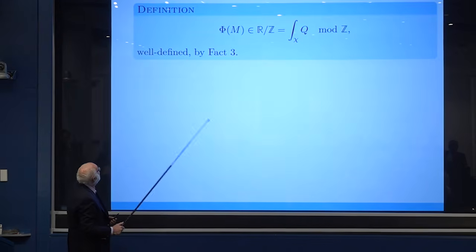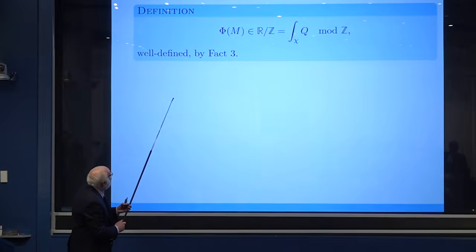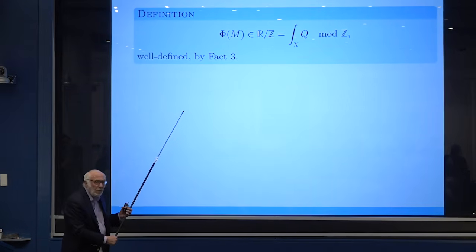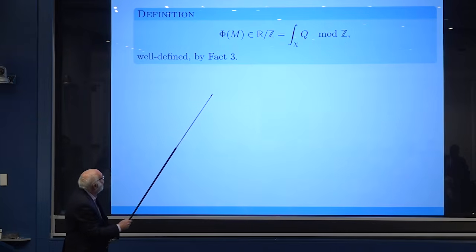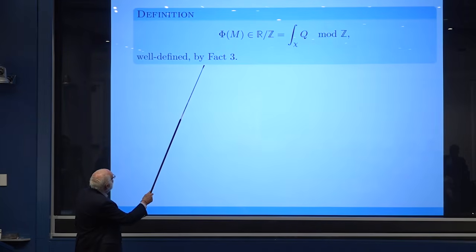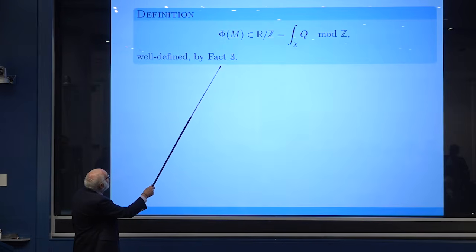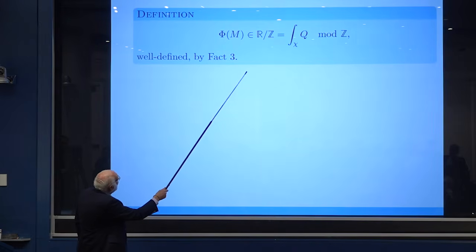So I define this function φ of M, with its Riemannian structure. It takes values in R modulo Z, the circle, if you like.